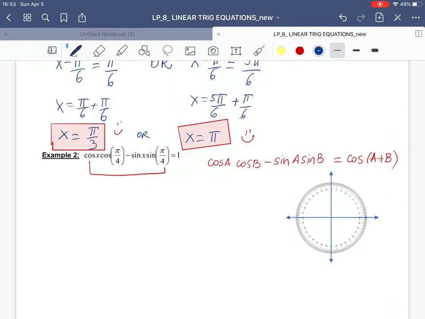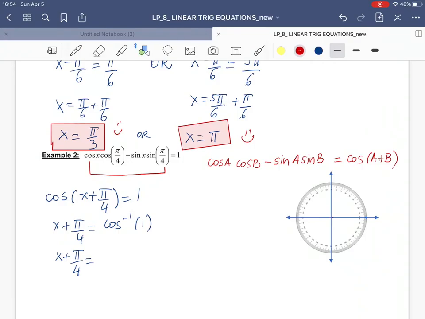So let's get started. I will rewrite the left side in a condensed form. So that would be cosine of x plus pi over 4 equals 1. That means x plus pi over 4 equals inverse cos 1. Now think about what angles have a cosine ratio of 1.